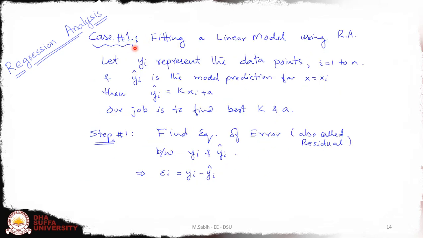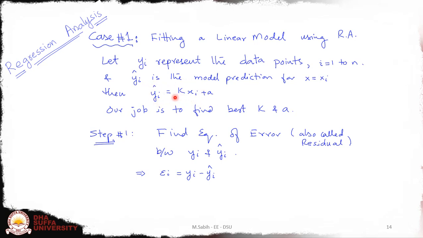So case number 1, for example, let's assume that we want to fit this linear model. Finding a linear model using regression analysis, let yi represent the data points, where i goes from 1 to n, so we have n data points, and yi hat is the model prediction. So yi hat is not the actual data; it is the data we calculate from this linear equation.